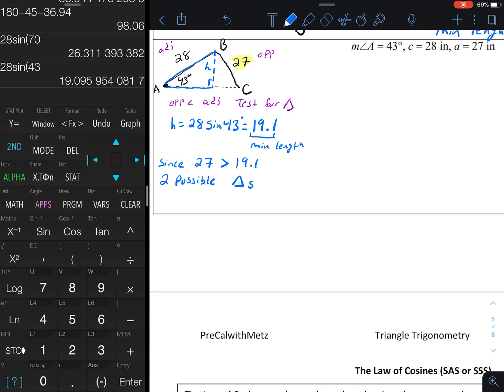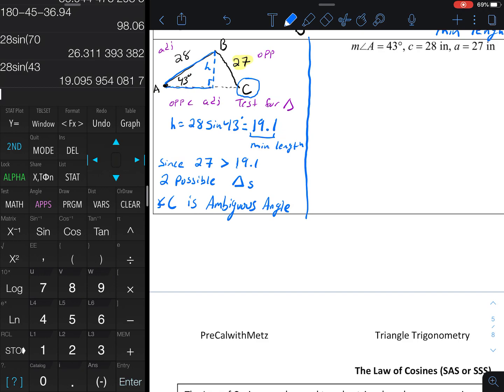Now, the possible triangles are going to be based on angle C over here. If you always draw your triangles the way I do, it'll be on the bottom right. So angle C is the ambiguous angle.